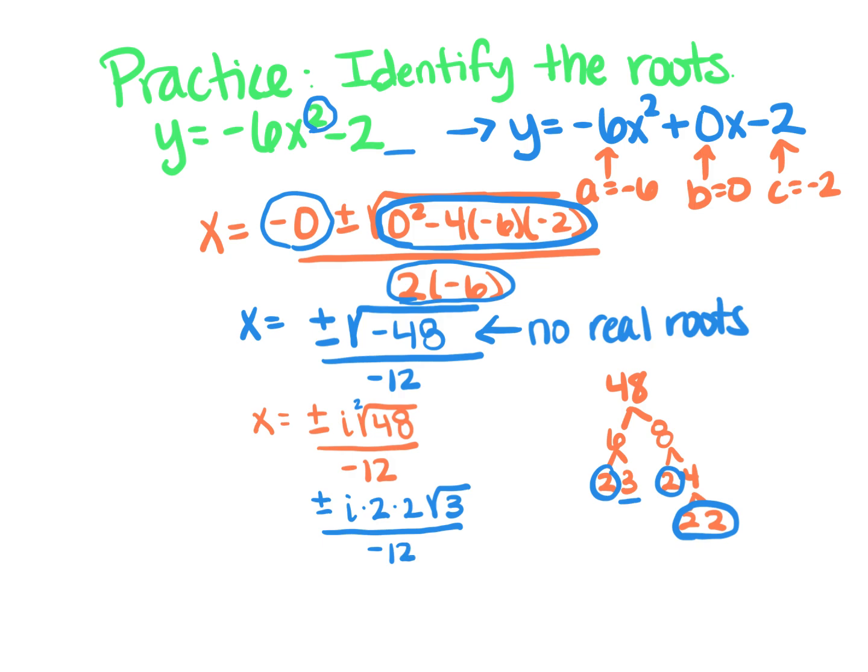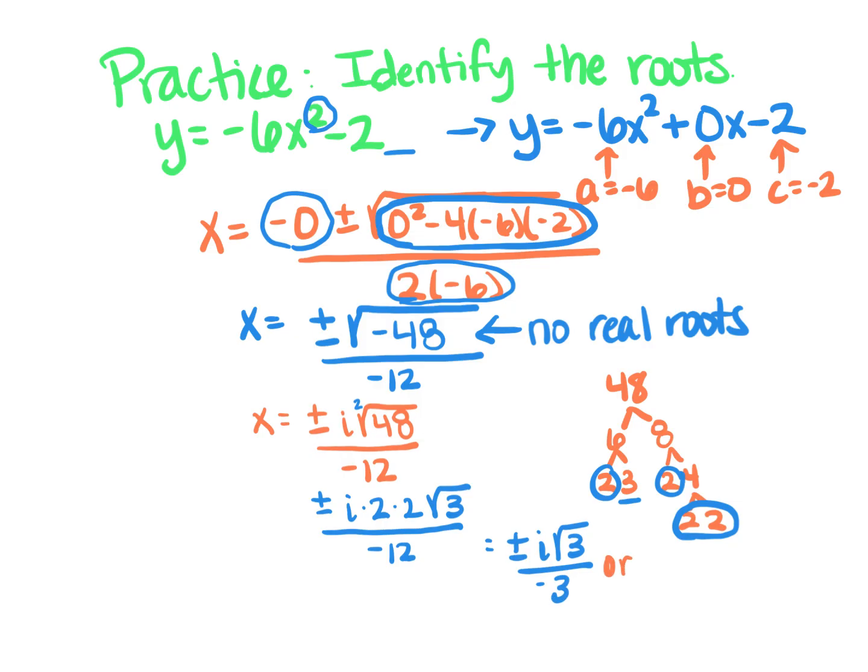Negative 12. Now if we look, I have 2 2's in the numerator, and I know 12 can divide by 4. So we're going to take out 2 2's. And we will be left with 12 divided by 4 would give us a negative 3.